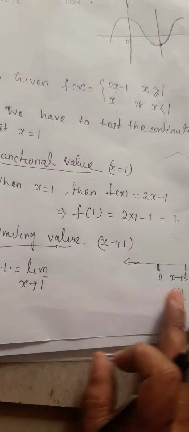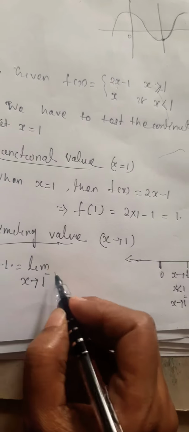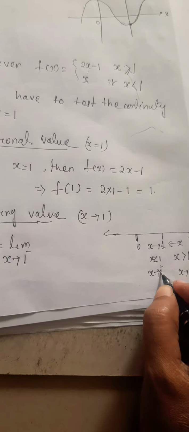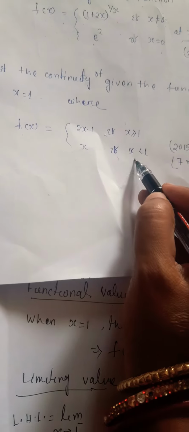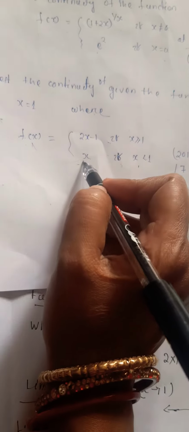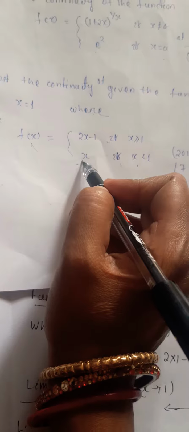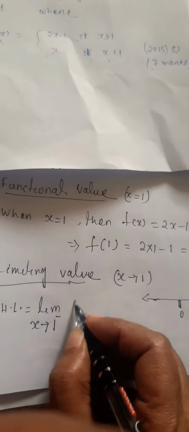You should go towards 1 from the left side. 1 minus means x is less than 1, and in case of x less than 1, you have defined f(x) equal to x.